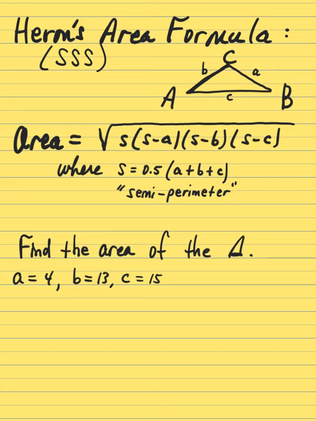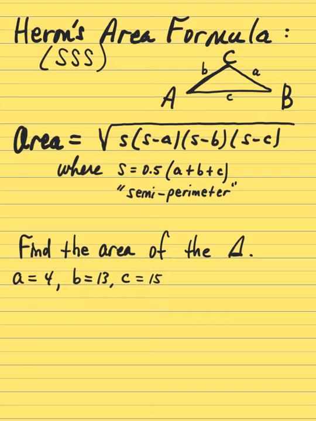The area formula is quite complicated to look at first. It's a square root, and everything under there, lowercase s, is called the semi-perimeter. It's half of the sum of all three side lengths. And so it's going to stand alone under the radical as an s.